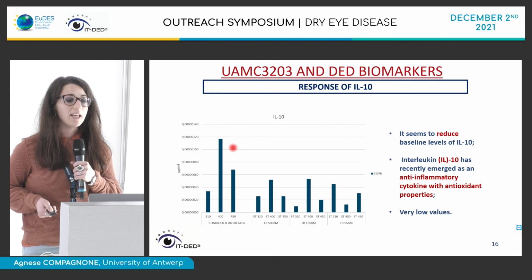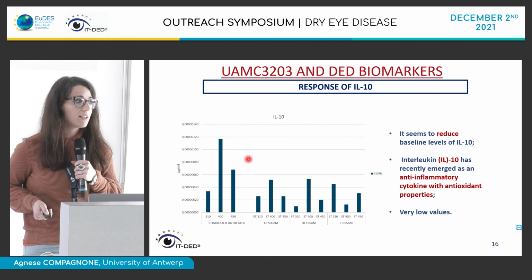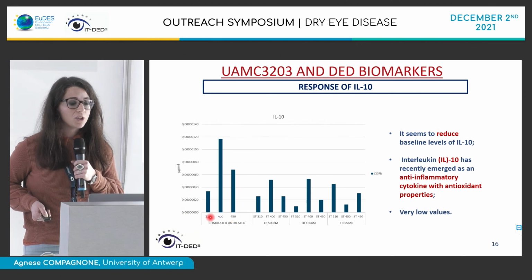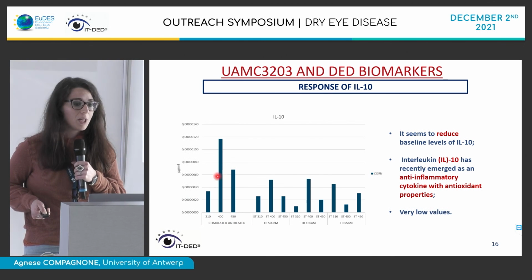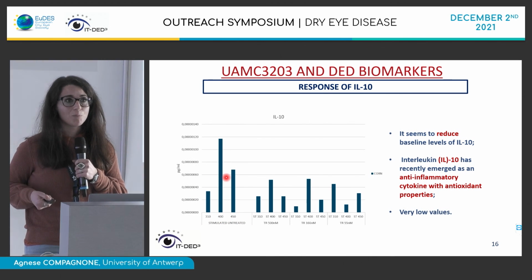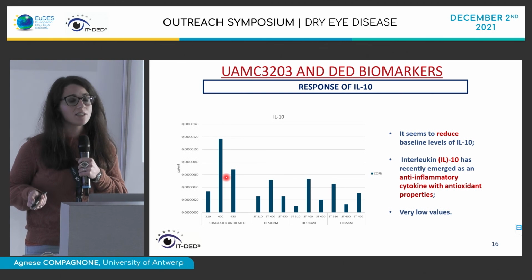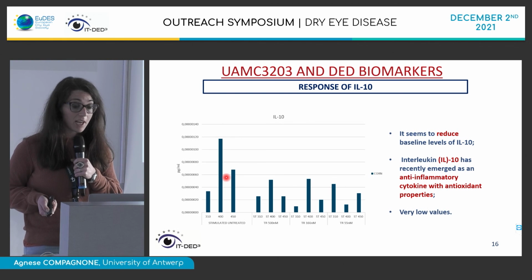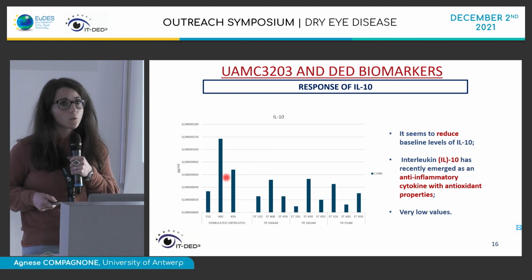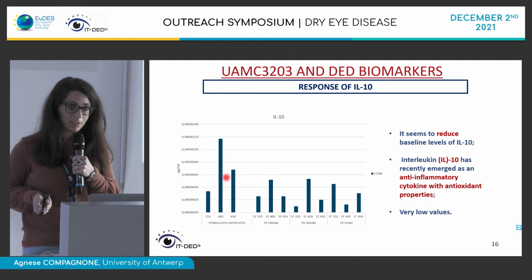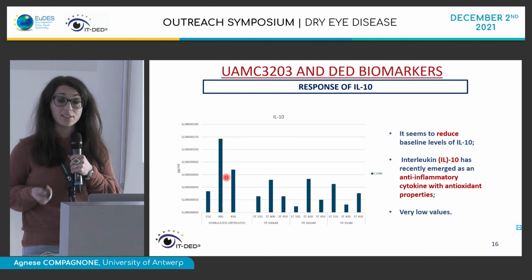And regarding interleukin 10, we can see that the levels of interleukin 10 are higher with the hyperosmolar medium. We know that interleukin 10 is an anti-inflammatory cytokine, but recently it has also been shown to have an antioxidant effect.